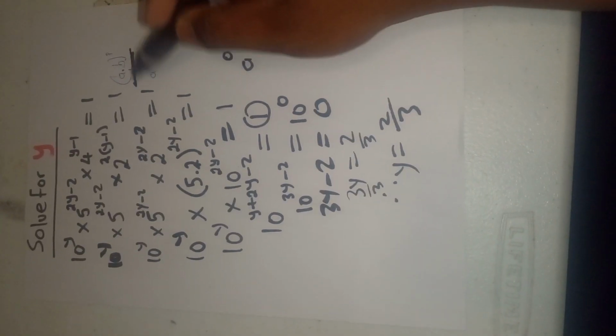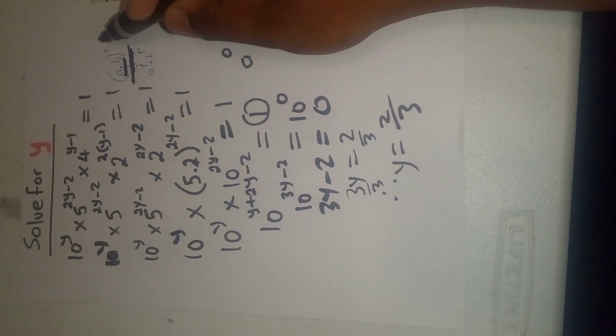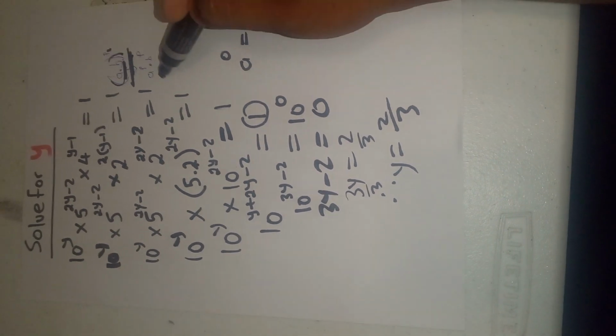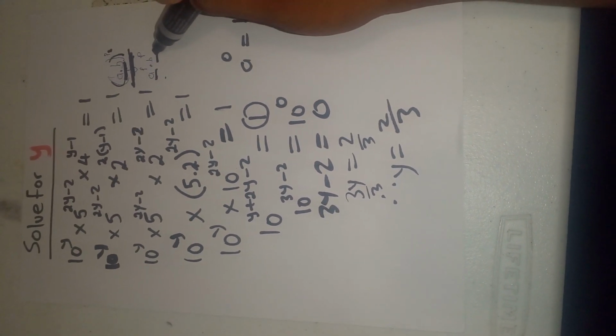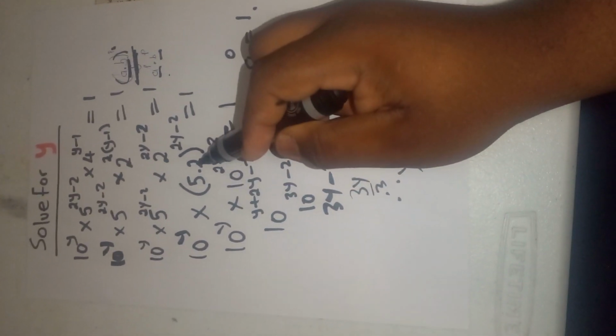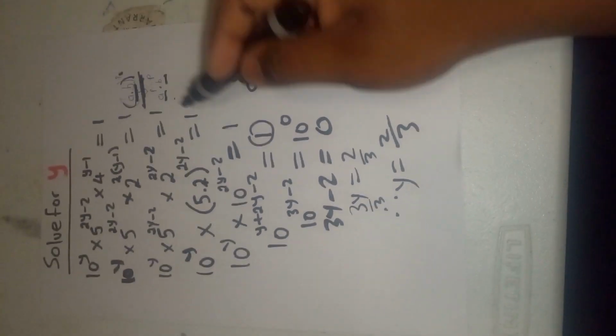And I applied this law of exponents: if two different bases are in a bracket and raised to a certain power, they are going to share that same power. So I did the same thing by writing 5 times 2 here to the power of 2y minus 2, which is the same power, equal to 1.